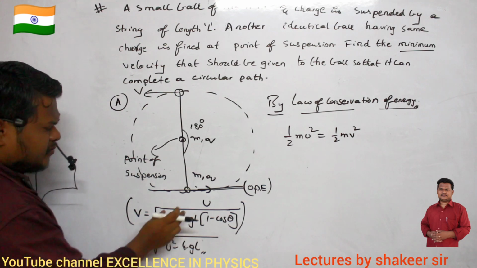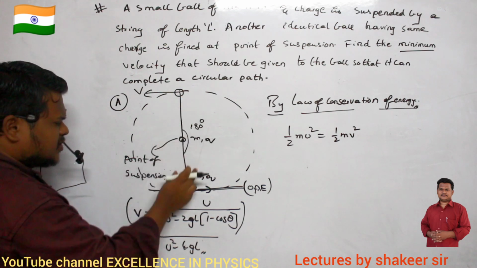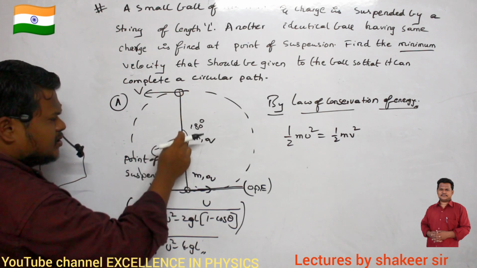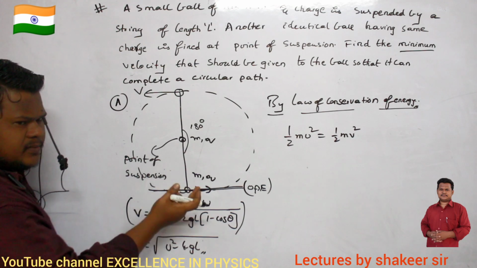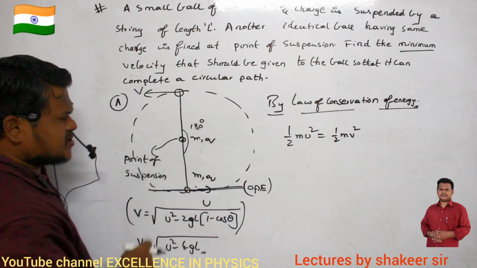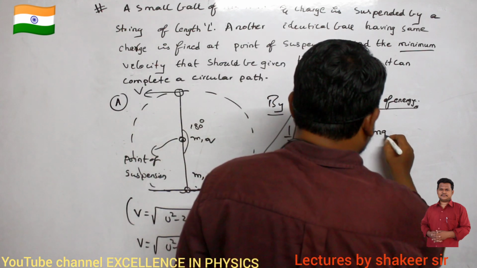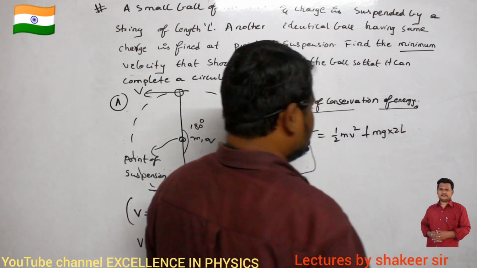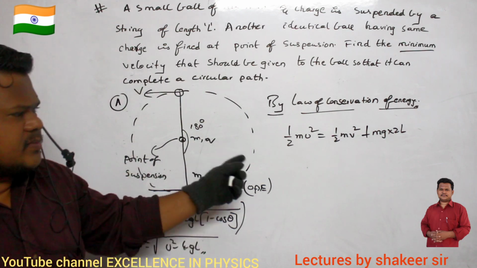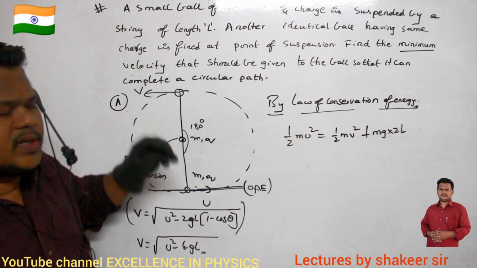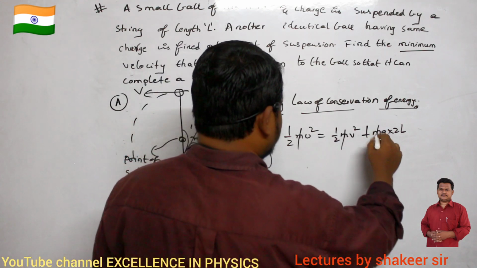Now, compared to this position, the bob is present at this height. So what is the total height of the bob? The length is L, and another L. L plus L is 2L. So what is the potential energy acquired by this bob? Potential energy formula is mgh only, so mg into 2L. Therefore, m I can cancel.